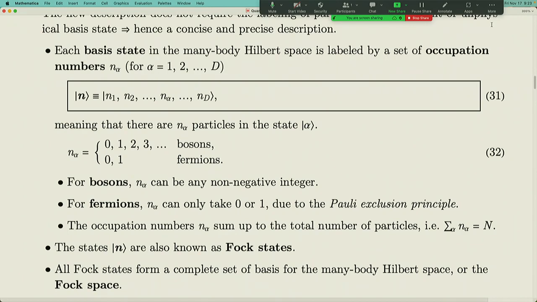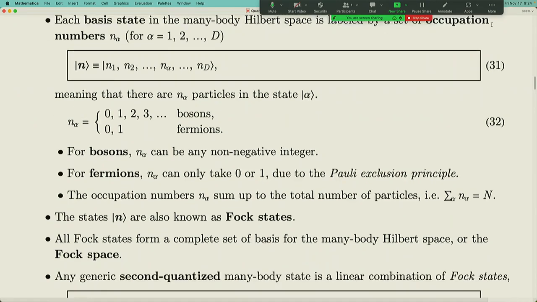So given the single particle Hilbert space dimension d, and given the total number of particles in the system, we can enumerate all the possible choices of these little n occupation numbers, and every different choice corresponds to a different basis state of this many-body Hilbert space, denoted as this ket vector with the occupation number sequence.